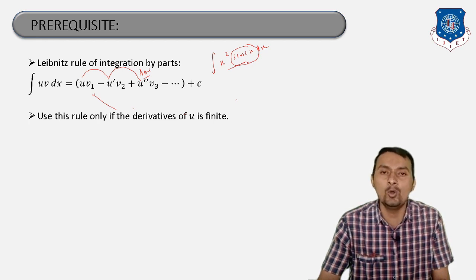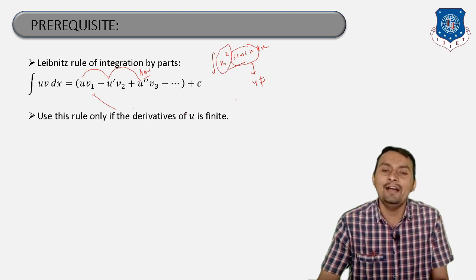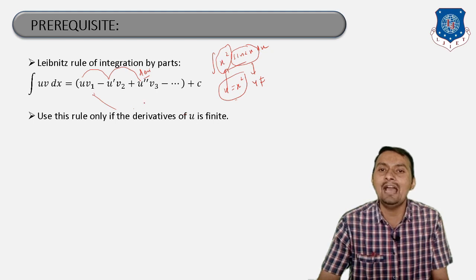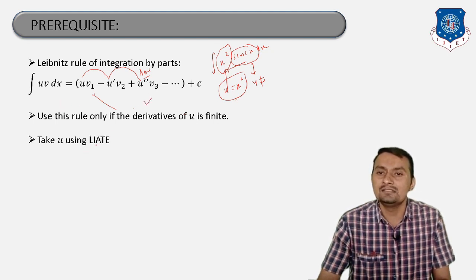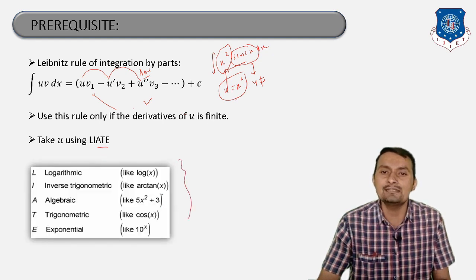That means the derivative is never finite, so we cannot say u is equal to sin 2x. Instead, we will focus on the finite derivative. So here we have u is equal to x square. In that case we can find its finite derivative, and that will help integrate these functions. Also you can use the LIATE rule, LIAT. You are already familiar with these rules, so I am not going to discuss them in detail.